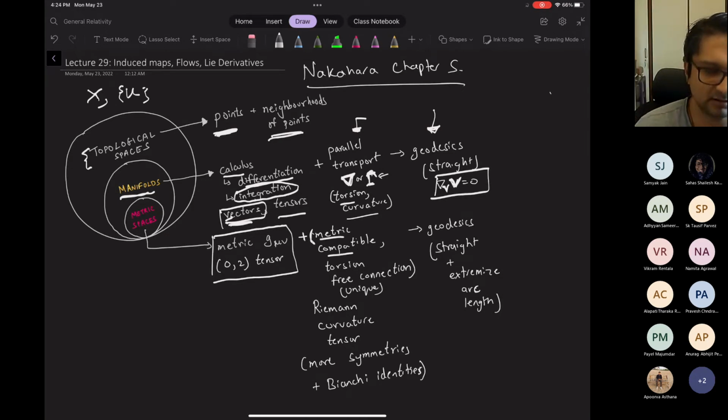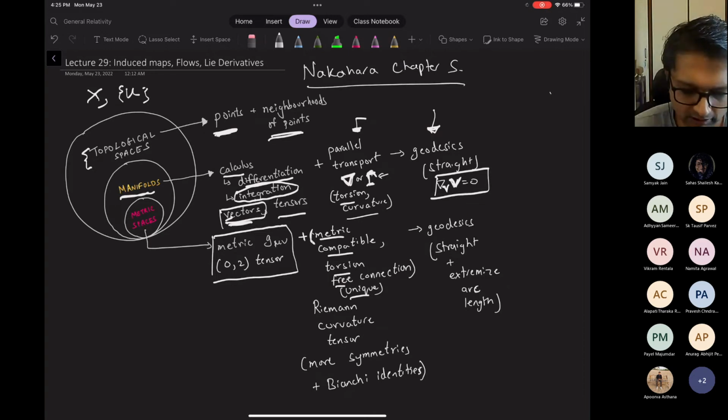That is, the metric does not change when I compare from point to point using this derivative operator. That is, this derivative operator preserves inner products of vectors. This unique connection is metric compatible and it's torsion free. If you demand these two conditions, you get this unique connection.